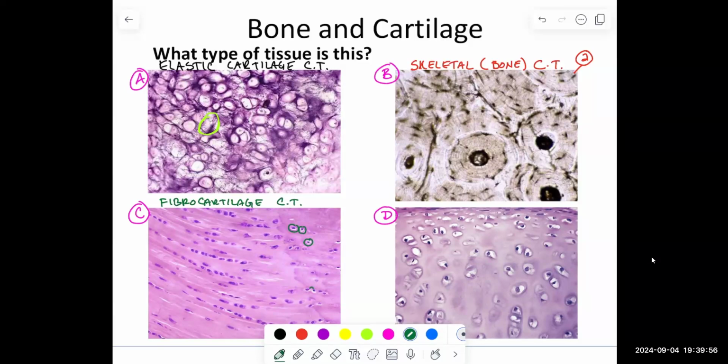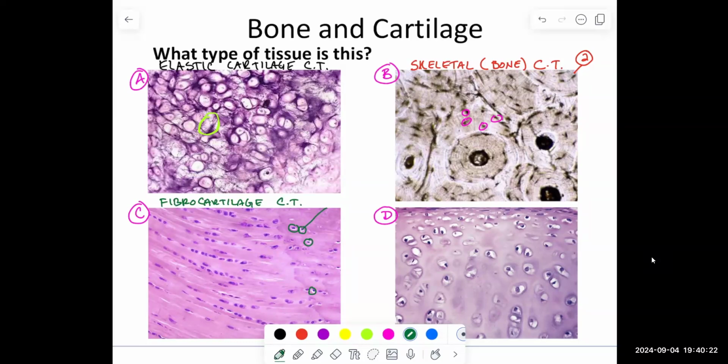If you see the lacuna and it's not bone tissue, it's chondrocytes living in there. There's a different cell living in these lacuna. We'll talk about those here shortly. Osteocytes, exactly. In the fibrocartilage, those are all chondrocytes.